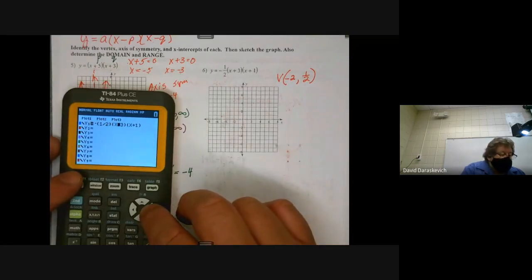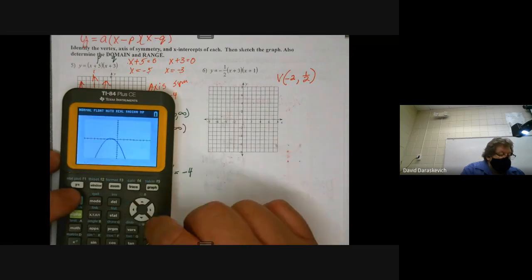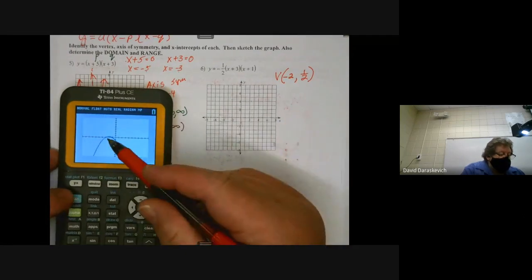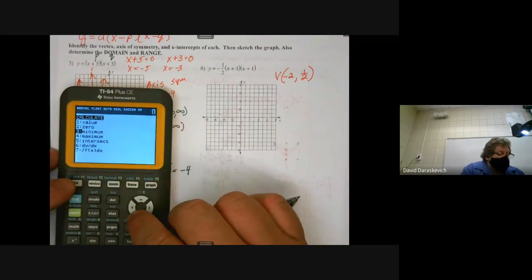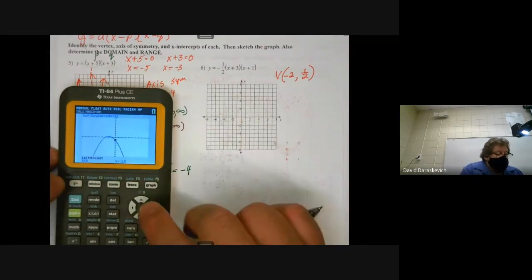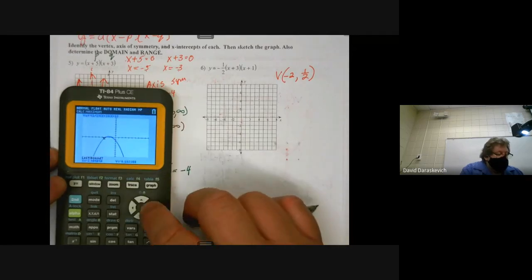X plus 3. Make sure I typed it all in. -1/2. I'm going to go to my graph. It's a maximum for my vertex, so I'm going to go ahead and calculate that maximum. Hit enter. I'm going to get left of the vertex, or the left bound, right of the vertex.